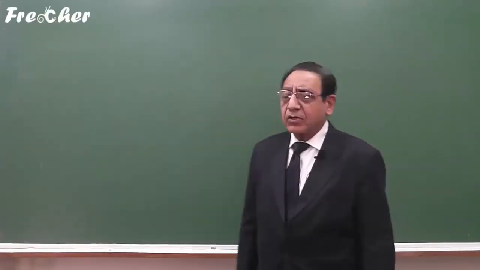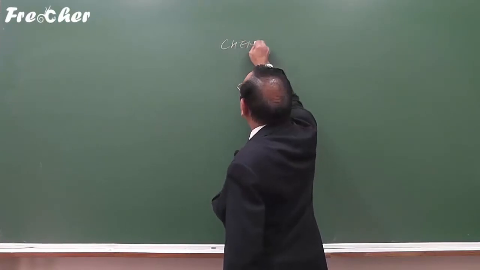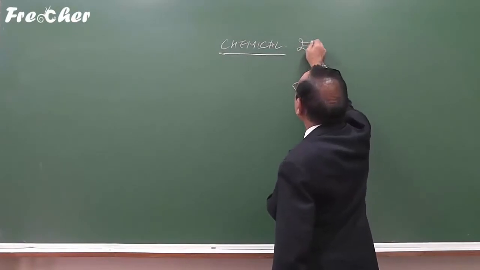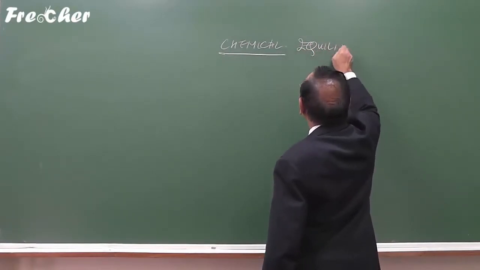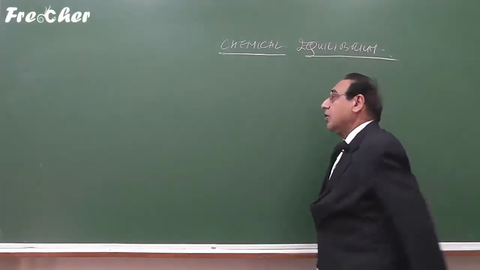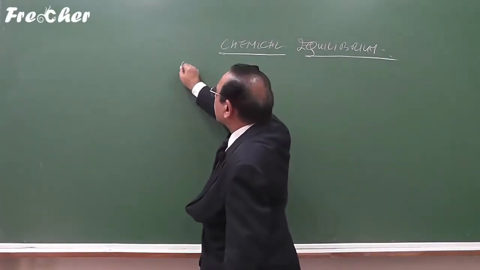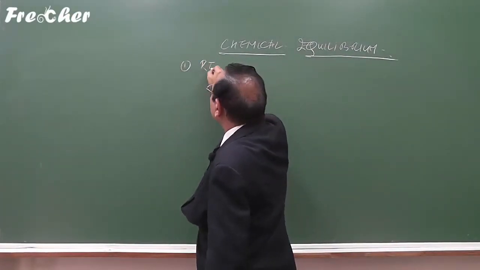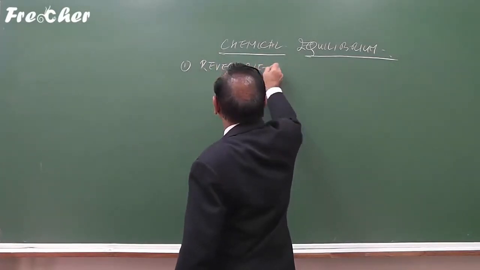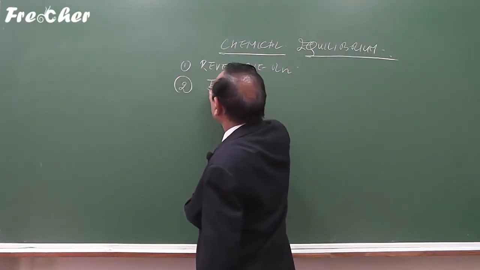We are starting today's topic, chemical equilibrium. Now, when we say chemical equilibrium, we have to study about two types of reactions, reversible reactions and second are irreversible.